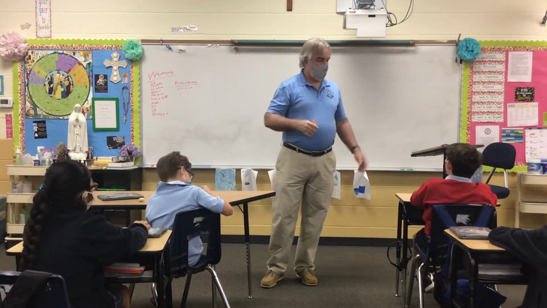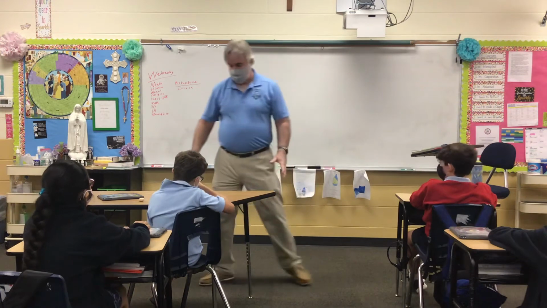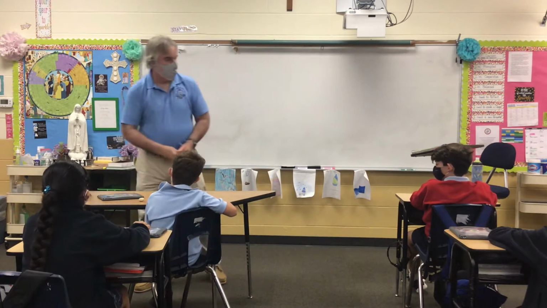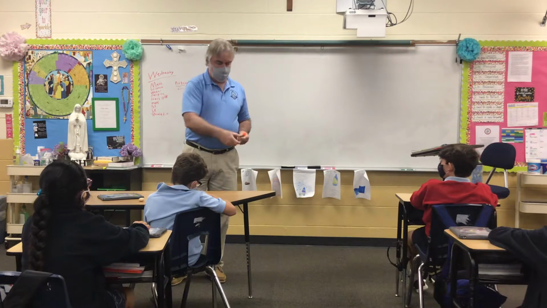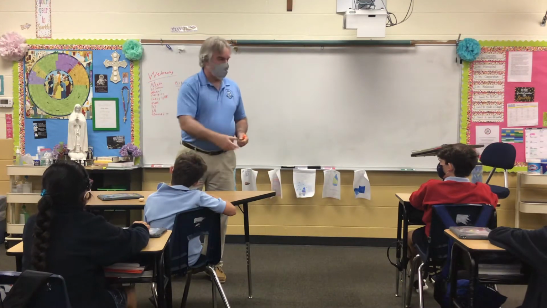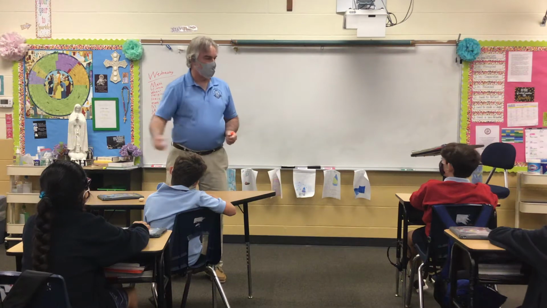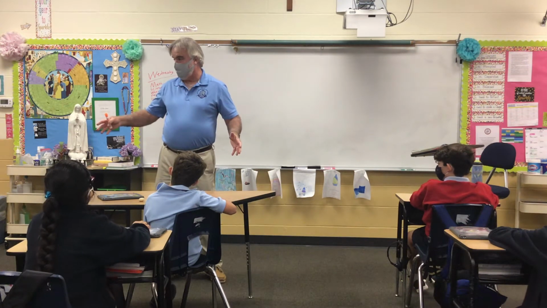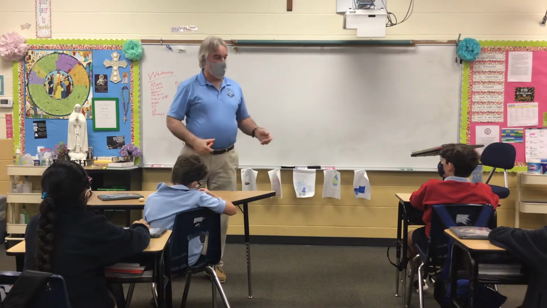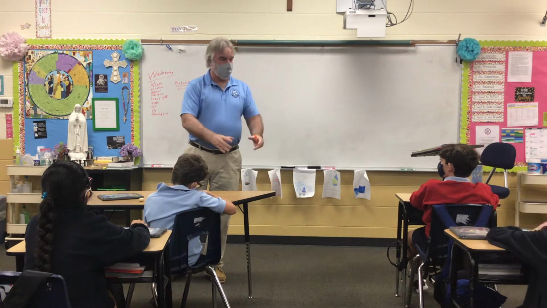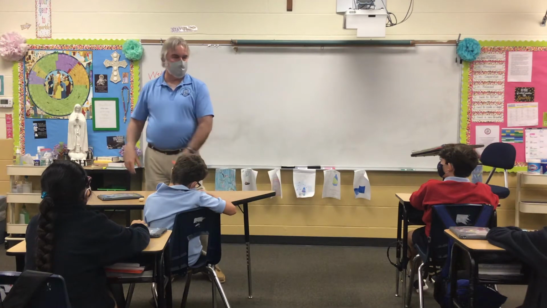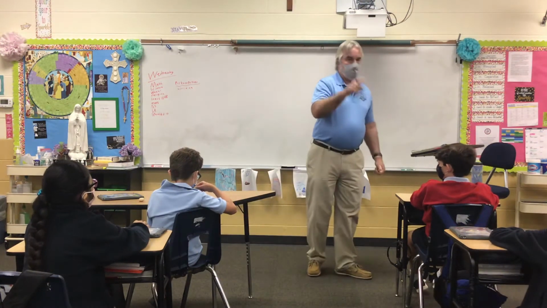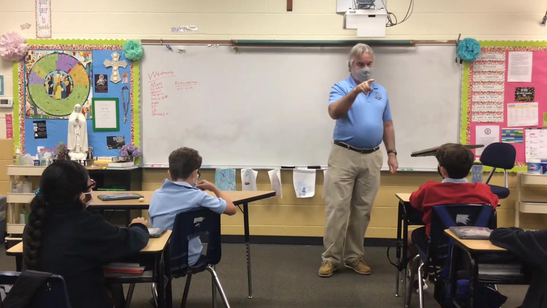How about if I had 3 bags? Since you got a big desk, I'm going to put 3 bags here. I could go 1, 1, 1, 2, 2, 2, 3, 3, 3, all the way through till I gave out all 36, right? And I would end up with 12 in each bag. Now, let's look at it the way that you guys did it.